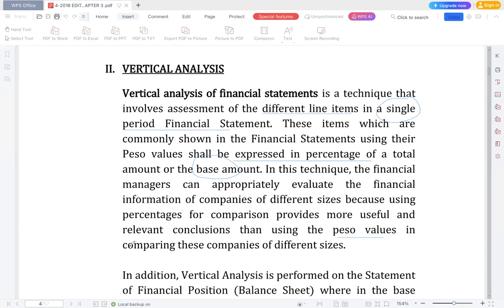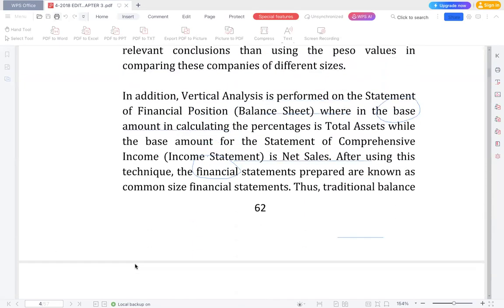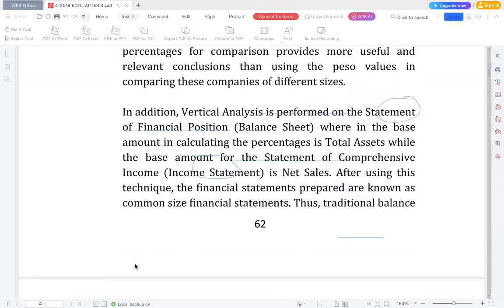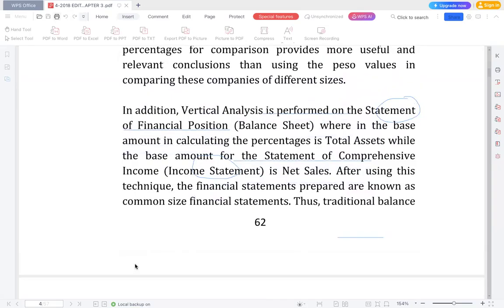So in addition, the vertical analysis is performed on the statement of financial position, or balance sheet, wherein the base amount in calculating the percentages is, again, the total asset, while the base amount in computing the percentages in the income statement is the sales.